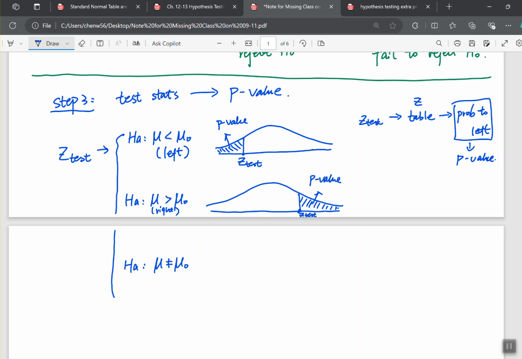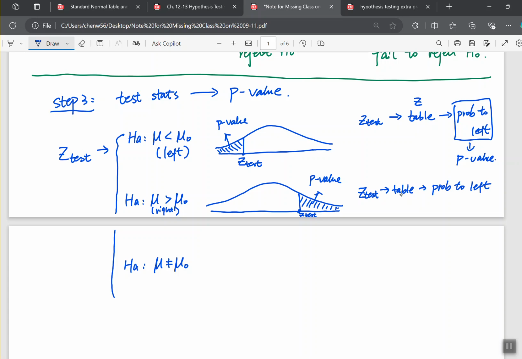And then what we do is exactly the same procedure: we use the z test statistic, go to the z table, and find the probability to the left. All right, is that all? Do we stop here?